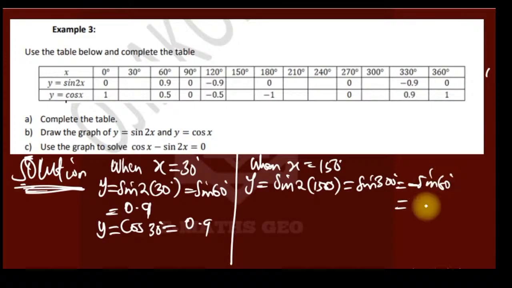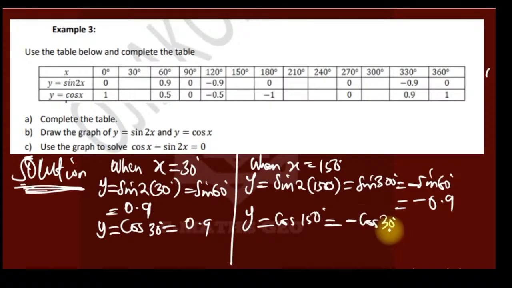So we have minus 0.9. So for cos, y equal to cos 150, which is the same as minus cos 30, which is minus 0.9. So that's how we do and fill up the table. So no need of wasting time. Let me paste the complete table. We now move to the graph.